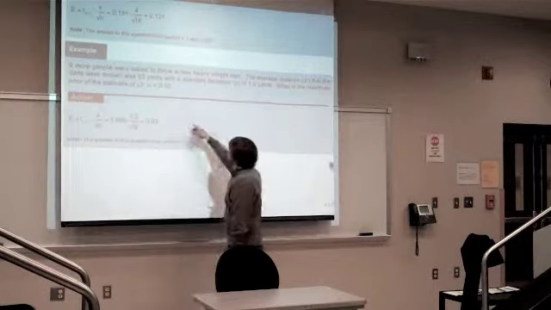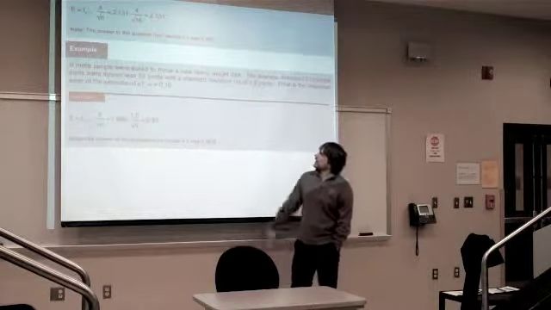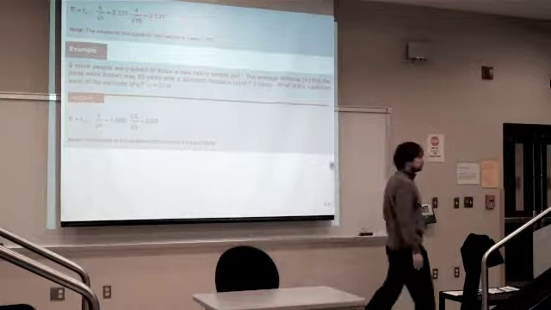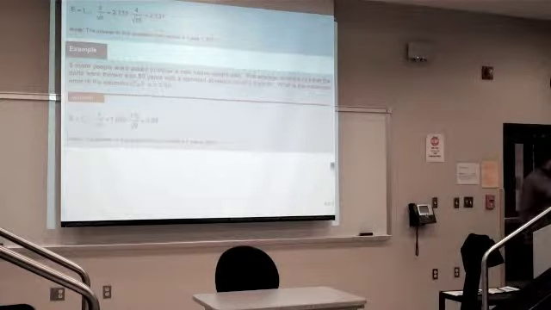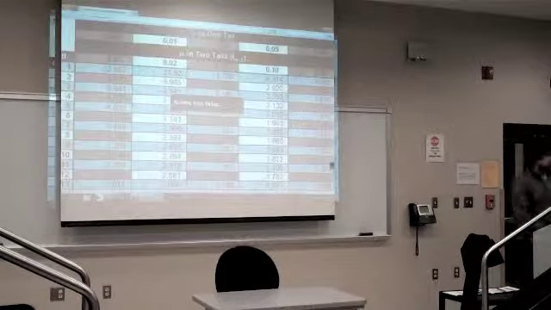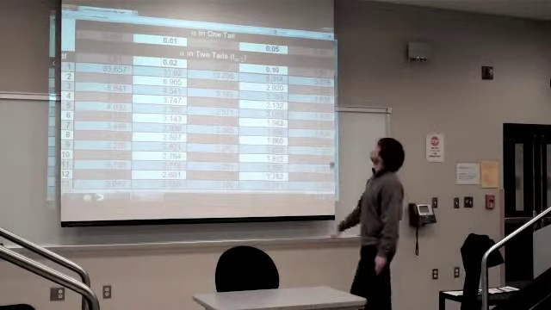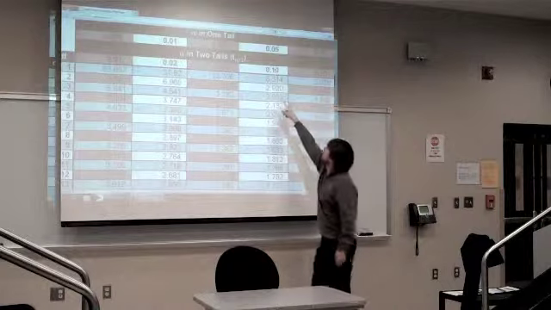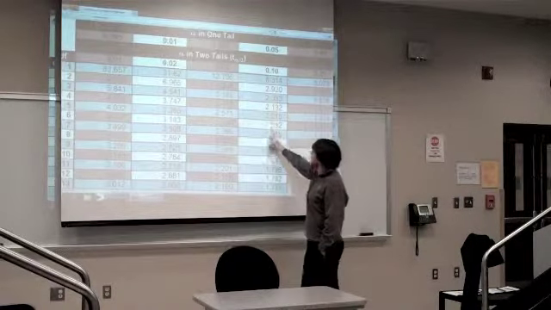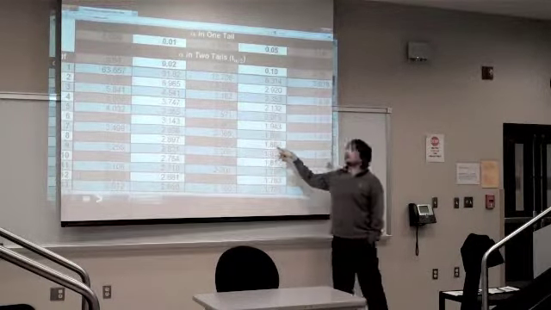alpha over 2. So we have an alpha of 0.1 and 8 degrees of freedom. 0.1, right here, and 8 degrees of freedom. 1.860.